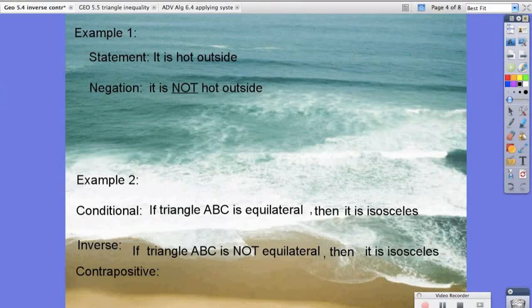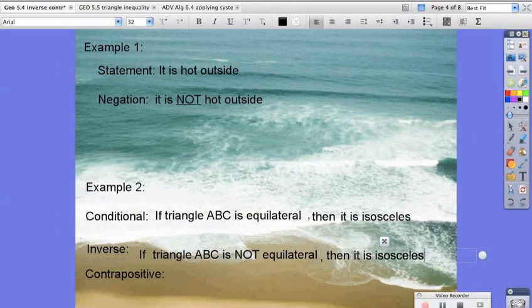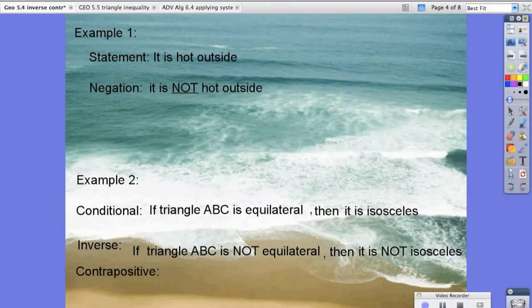We're going to duplicate that, and we're going to add the word not in there as well. So that's how we do an inverse statement. It's the same exact thing, but we add the word not.